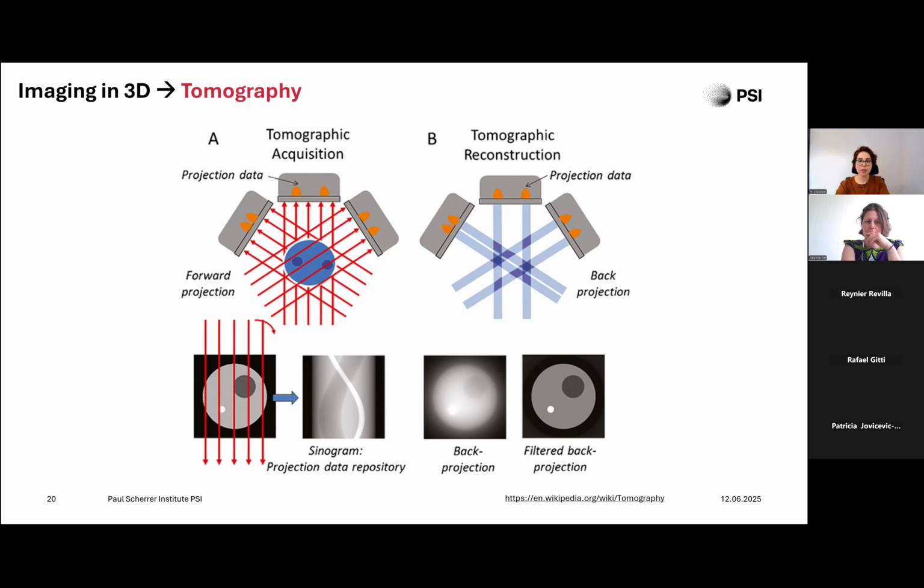All of these one-dimensional profiles, because this is a 2D problem, are stacked side by side to form the sinogram, as you can see here, which is a 2D map in which each row corresponds to a particular rotation angle and each column to one detector channel or one detector pixel. Features in the object trace out smooth curves in this sinogram.